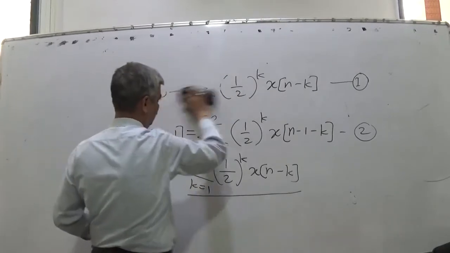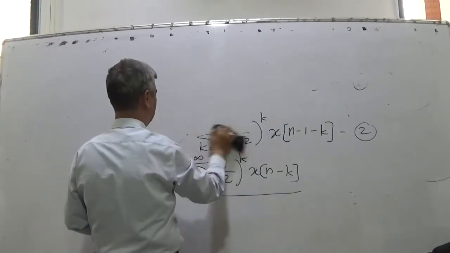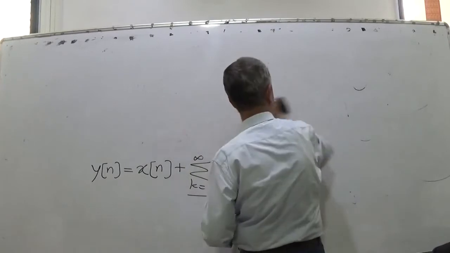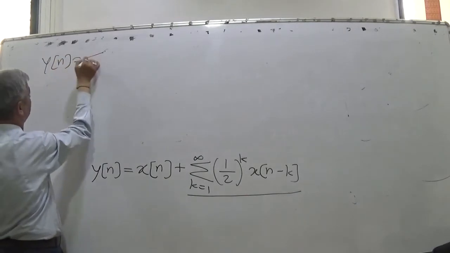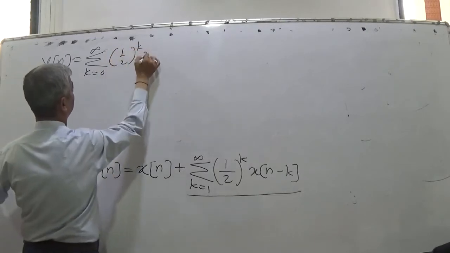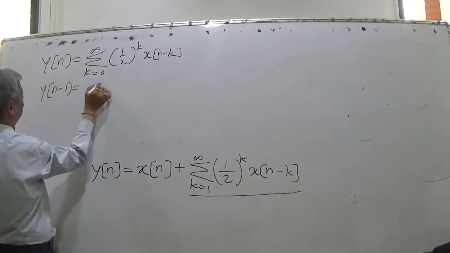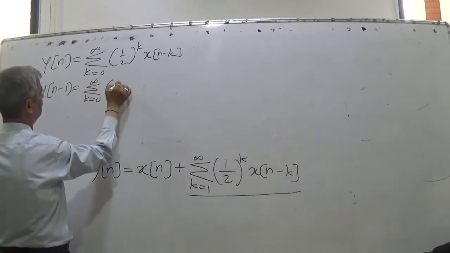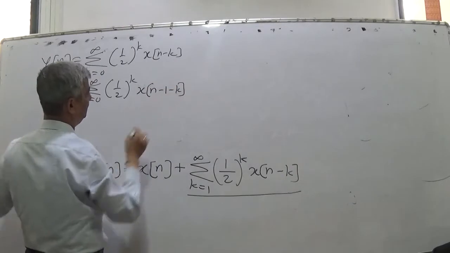I will write both expressions separately on the left hand top. yn is equal to summation k equal to 0 to infinity, half raised to k x of n minus k, and yn minus 1 is equal to summation k equal to 0 to infinity, half raised to k x of n minus 1 minus k. So these two are there.